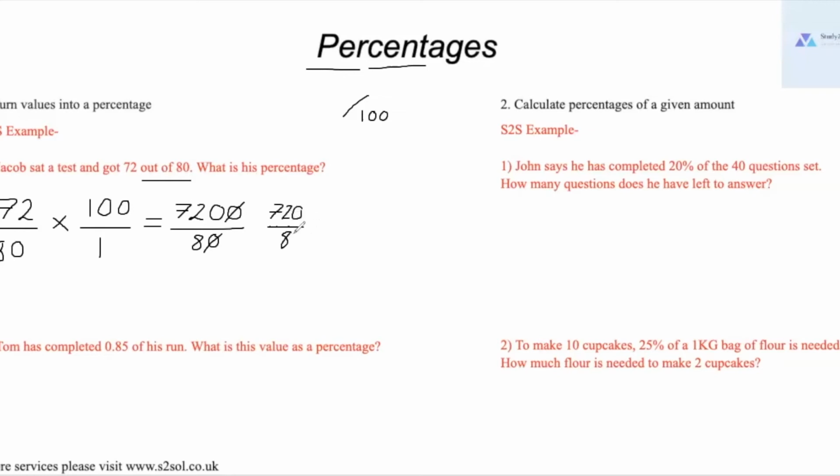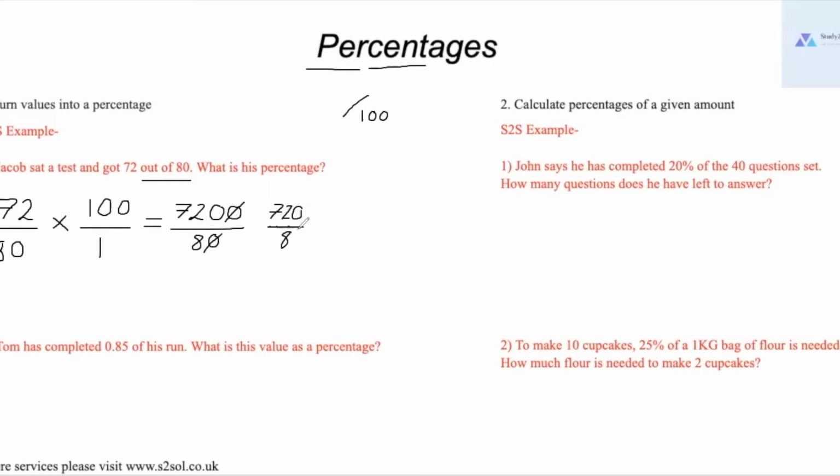So what we want to do now is divide 720 by 8. And this is a much better sum to do than 7,200 divided by 80. If you would like, you could remove another factor. You could also remove a factor of 2 as they're both even numbers.